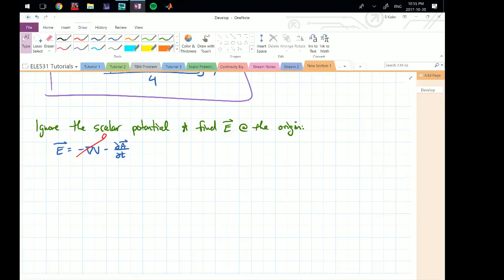So really all I need to do is find minus the partial derivative of A with respect to time. So this is going to be minus partial over partial t of mu I naught cos.